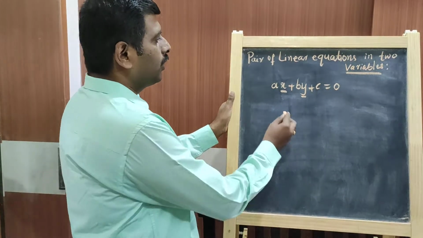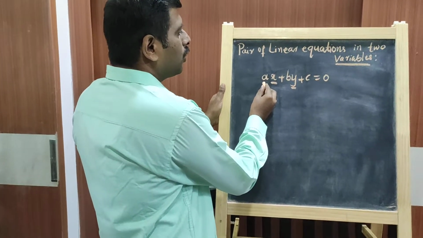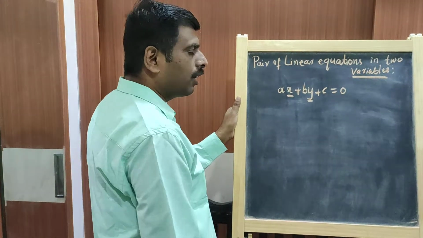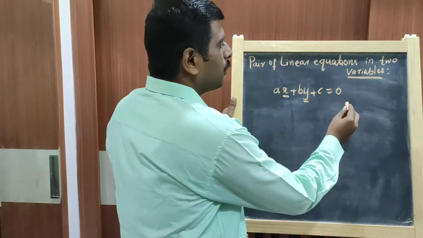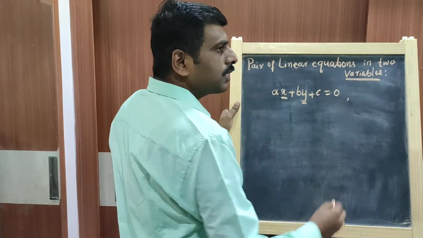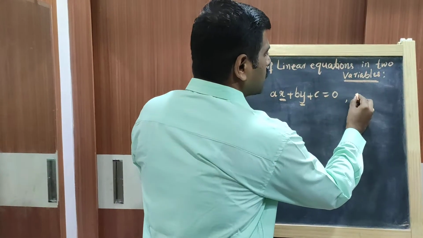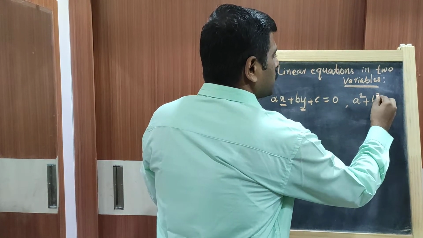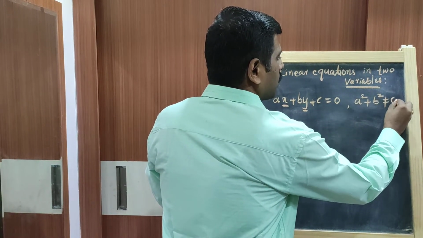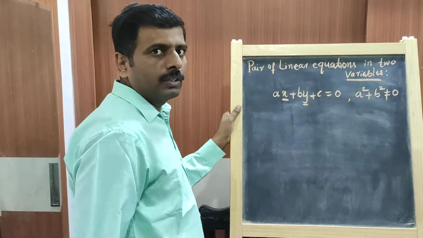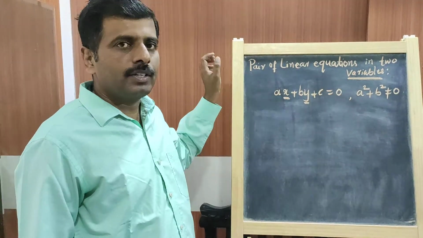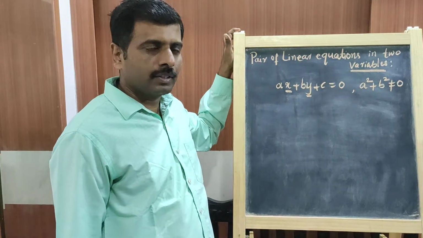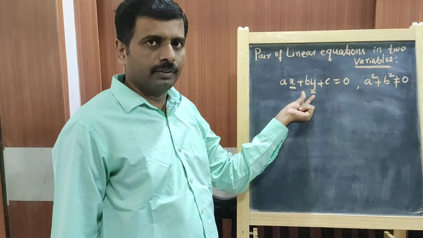Here the coefficient of x and coefficient of y cannot both be 0. This condition can be expressed algebraically as a square plus b square is not equal to 0. So this equation is called a linear equation in two variables. That means two unknowns here.